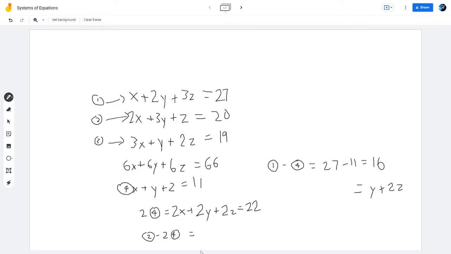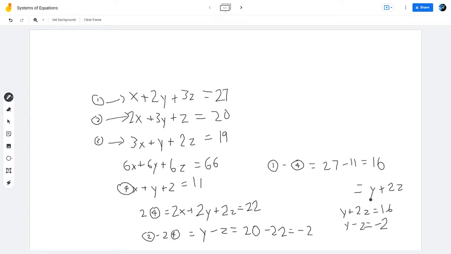Because we want to eliminate all the x's and only have y and z left, the x's will cancel out, and we're left with y minus z equal to 20 minus 22, which is equal to negative 2. So then we have y plus 2z equals 16, and y minus z is equal to negative 2.